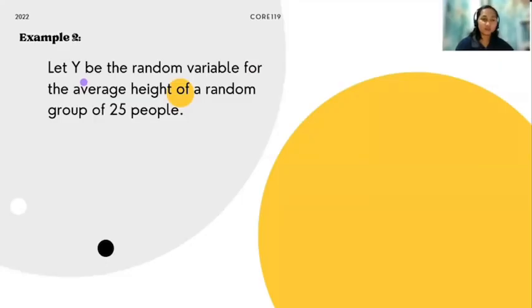Example number 2: let Y be the random variable for the average height of a random group of 25 people. For this example, we cannot apply the steps presented a while ago, because in terms of the height of these 25 people, we can have, say, 5 feet, 5.01 feet, and so on, because height refers to a continuous scale.